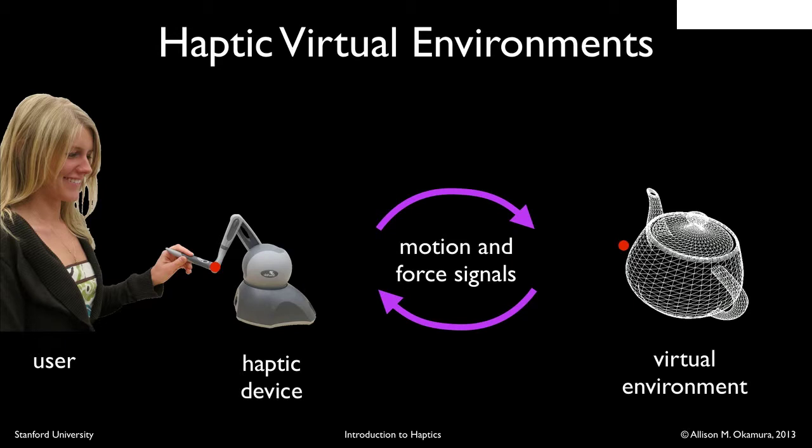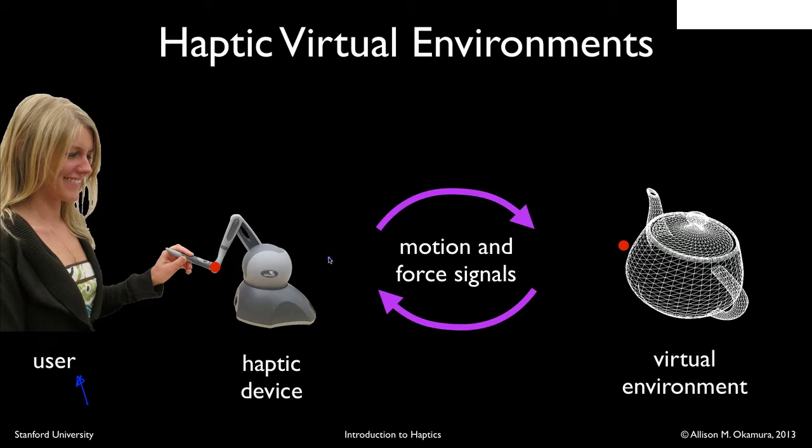Now I'll talk about the basics of how haptic virtual environments as well as how haptic teleoperators work, because this is going to be essential for you to understand why we design haptic devices the way they do and what they're capable of. In this picture, we have a user, one of my graduate students, Ann Majewicz. She's interacting with a commercial haptic device.